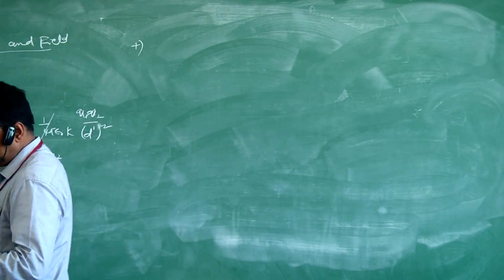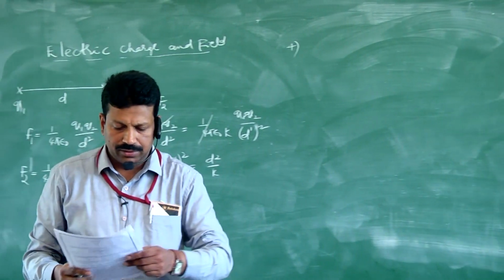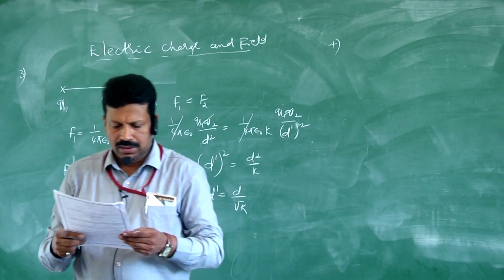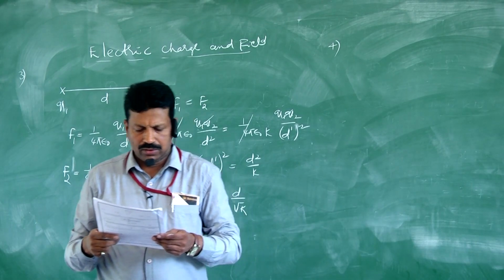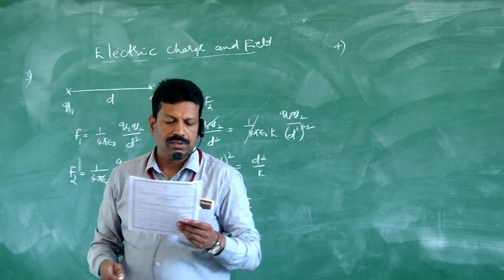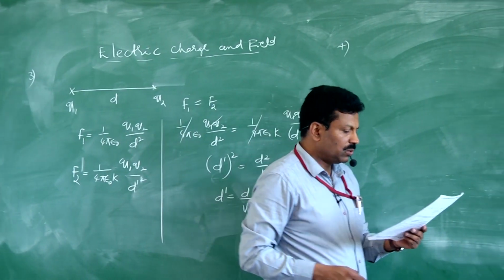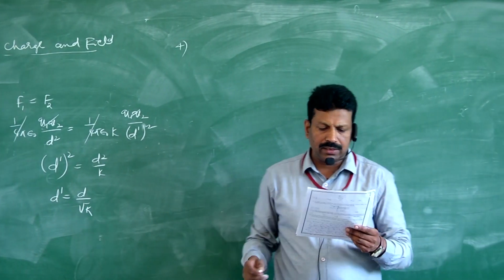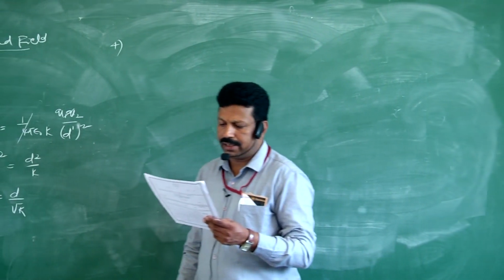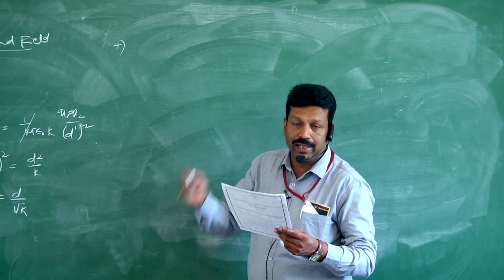Fourth question. The fourth question is: find the separation between two protons so that the electrostatic repulsive force acting on either of them is equal to its weight.